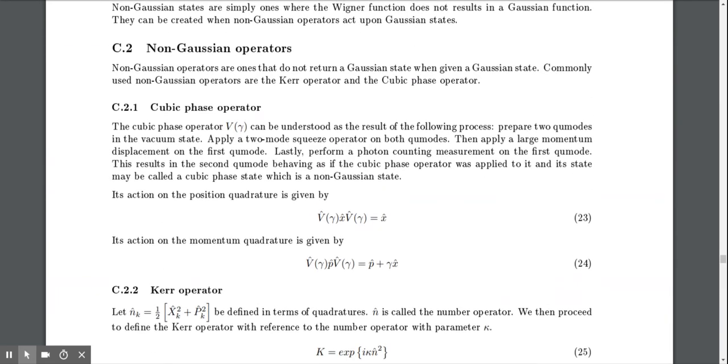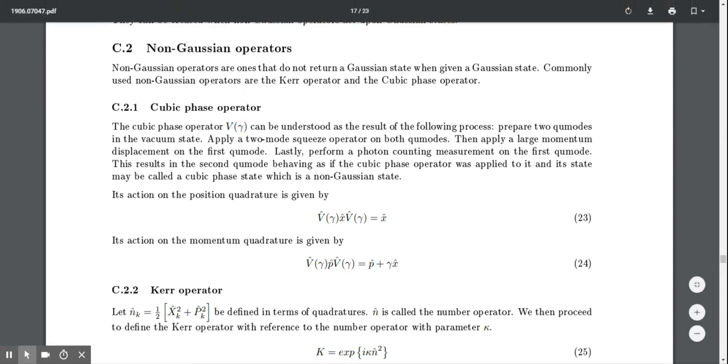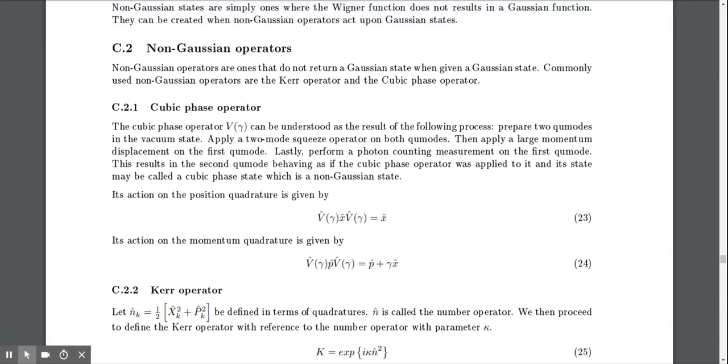The cubic phase operator, V, can be understood as the result of the following process. Prepare two Q-modes in the vacuum state. Apply a two-mode squeeze operator on both Q-modes. Is it a two-mode squeeze operator? No, it's not a beam splitter.